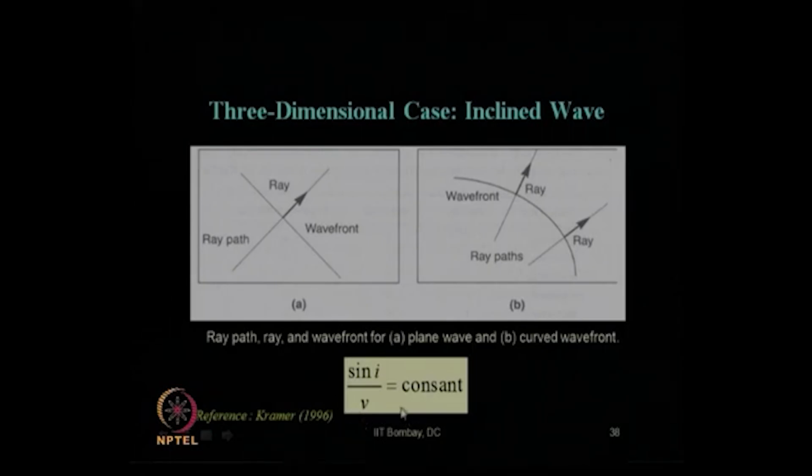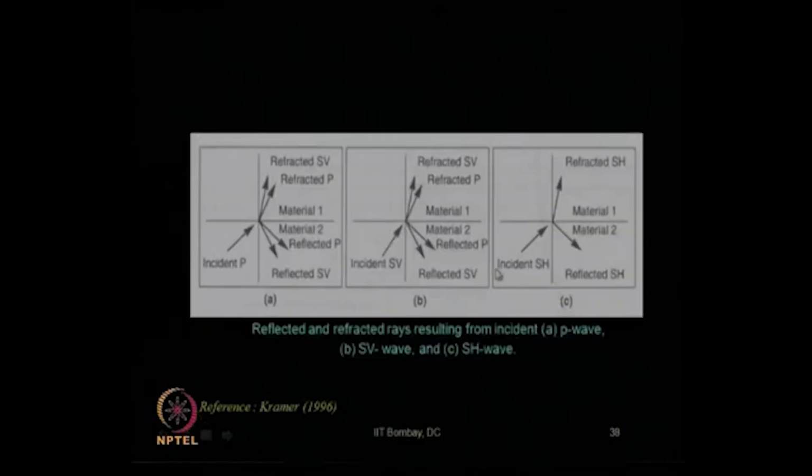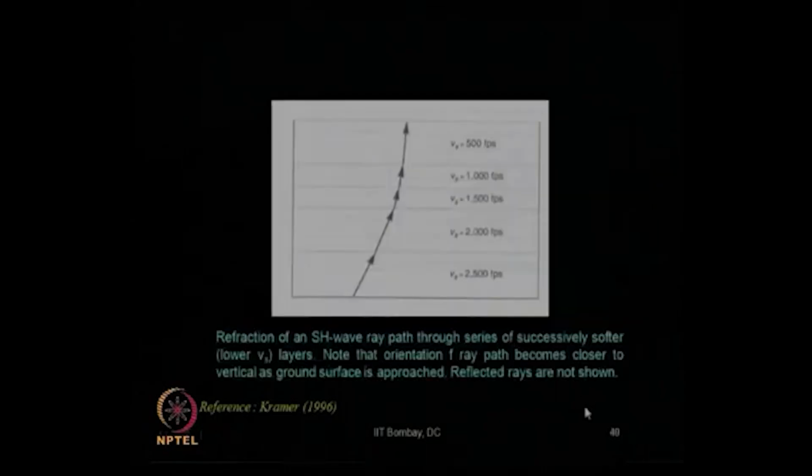That is the basic condition, that sin i by V should be equal to a constant. This one we have already seen: an inclined incident P wave will generate P and SV waves. Similarly, an inclined incident SV wave will generate P and SV waves, whereas an inclined incident SH wave will generate only SH wave. And we have also seen why we take the vertical component of the seismic wave close to the ground surface.